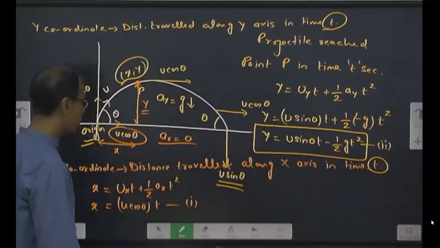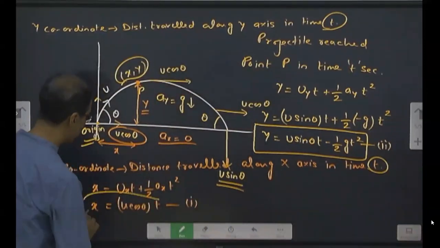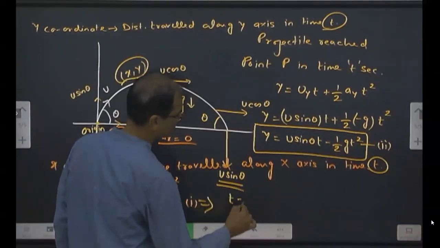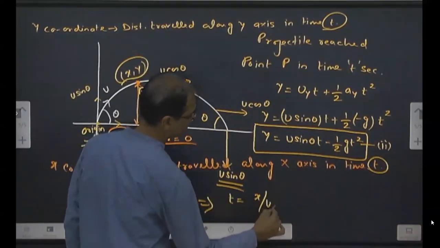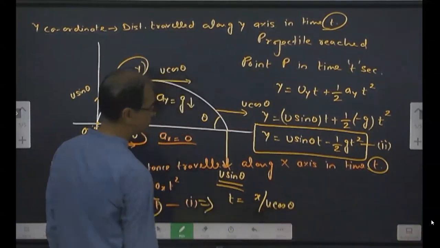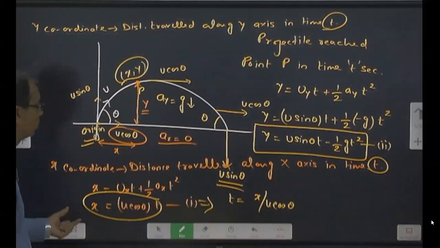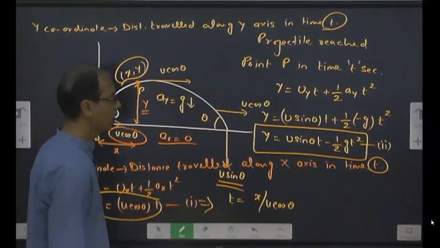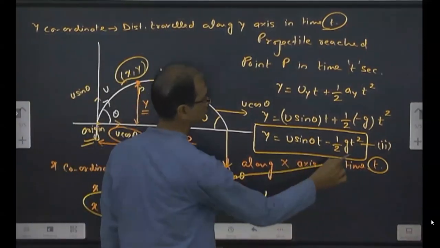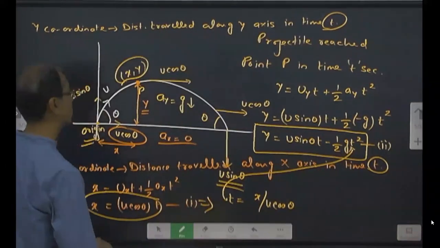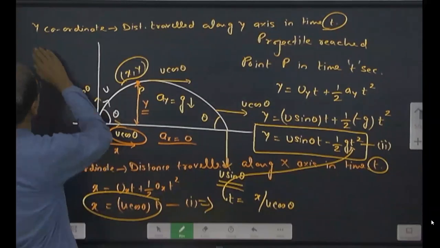If it is common, then from here I am taking time, and I am writing time as t equal to x by u cos theta. And this time I am going to keep in this one here. Let's see what's coming.